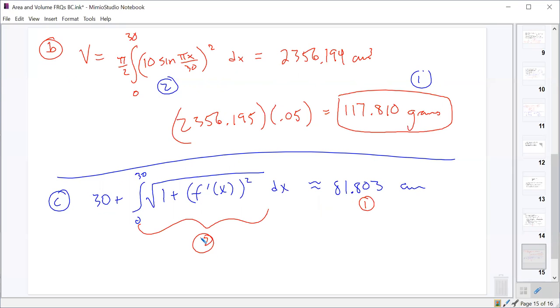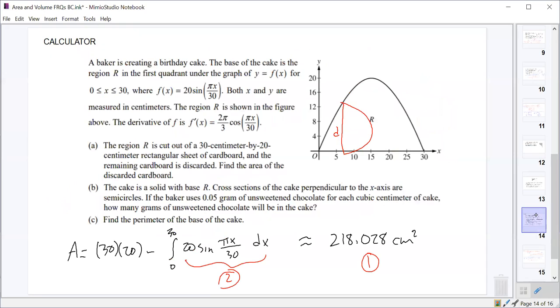So you should really be hoping for a nice, easy area, volume, arc length question, because the arc length ones seem to give you lots of nice, easy points. And they gave you the derivative. Lucky you.